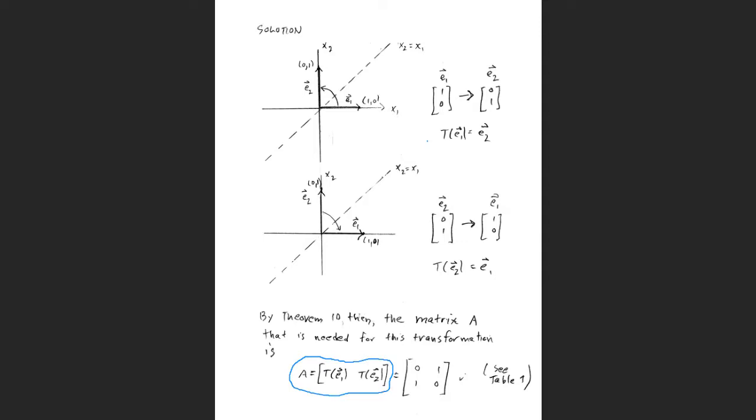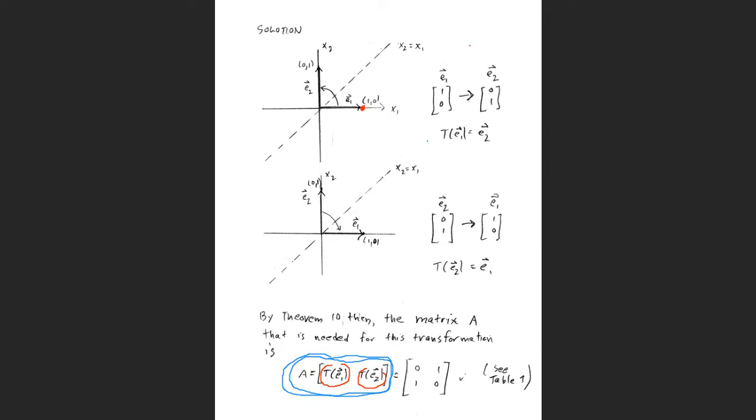So let's take a look at the vector E1. Let me be more clear. The standard matrix of the transformation consists of the matrix whose columns are the transform unit vectors. That would be the transformation of E1 and the transformation of E2. So I have a picture up here of the vector E1, and there's the point 1, 0.